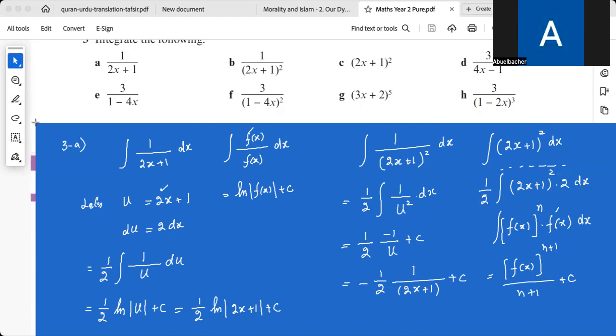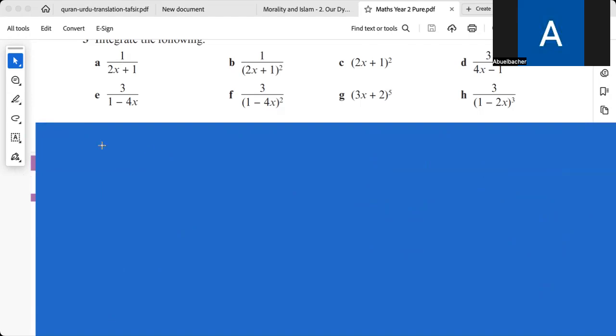Now, yes, exactly. So now we can try a few more questions. Let me try question G. In this question G, we have the integral of 3x plus 2 to the power 5 dx. What is the derivative of 3x plus 2? This is 3, so we can write 1 over 3.